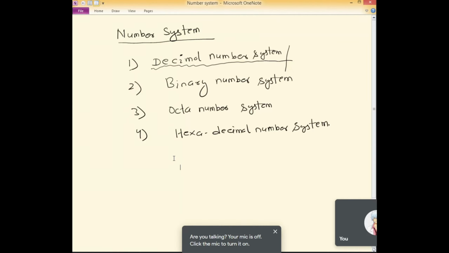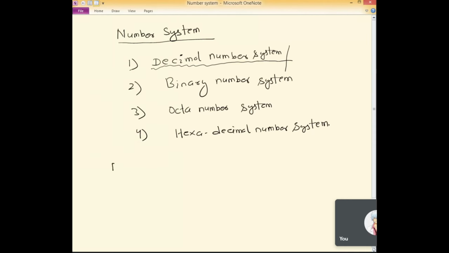Although there are many number systems, the most frequently used in the applications of digital computers are the binary system, octal system, decimal system, as we are most familiar with the decimal system, and hexadecimal number system. We start with our most familiar number system, the decimal number system.